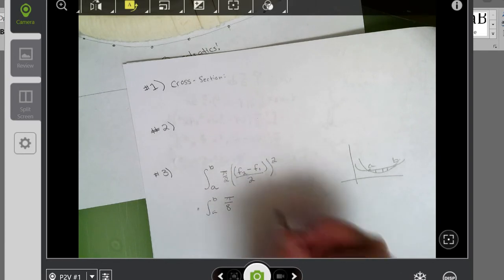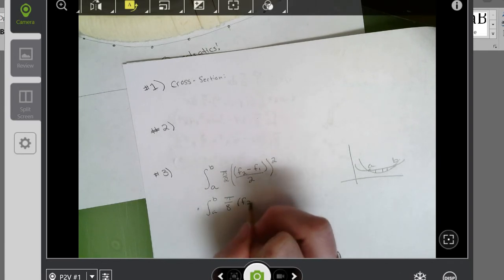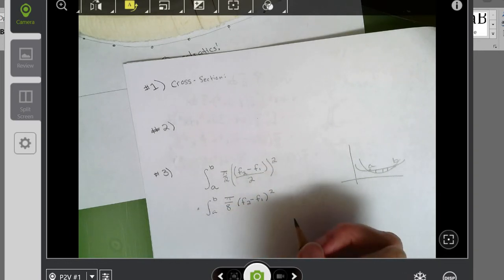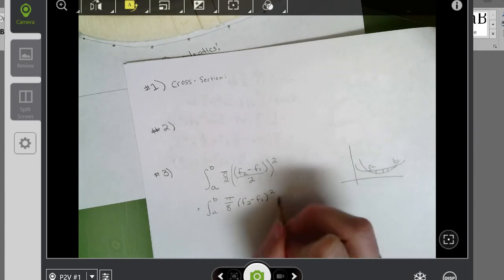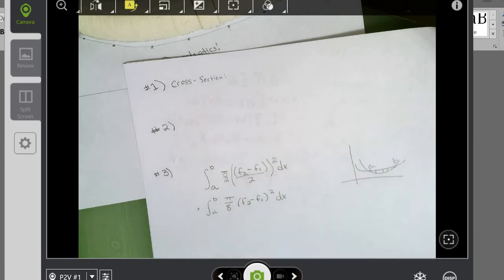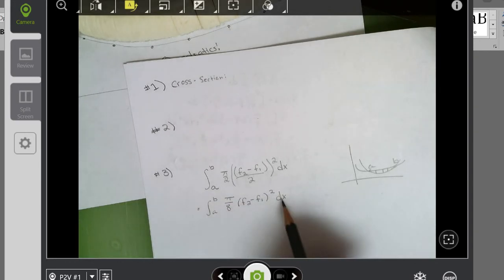So pi over 8 times an f2 minus an f1 squared. Okay, now that I have this, the only thing I'm missing is over here, dx. Oh, I forgot it up here. Only thing left, a to b, and f2 and f1. Well, that's why we're going to use our calculator to find the actual value.